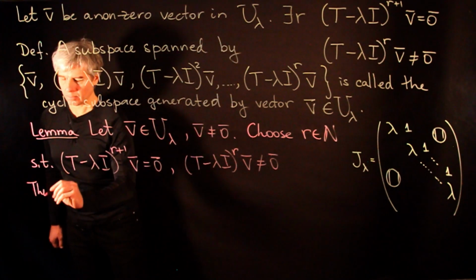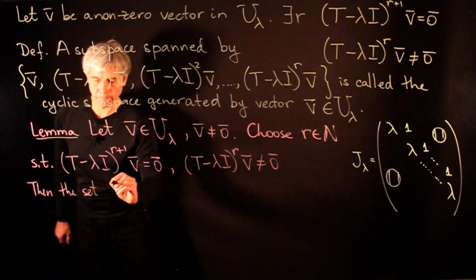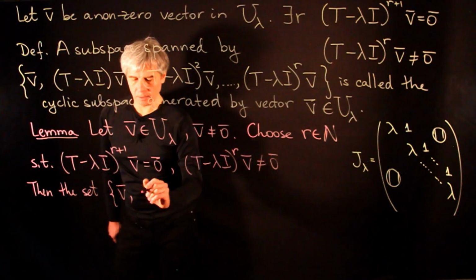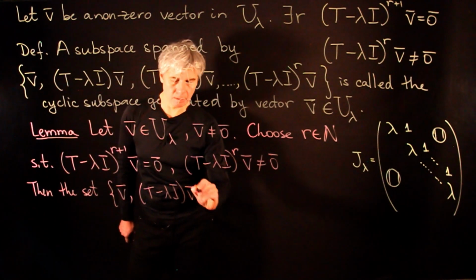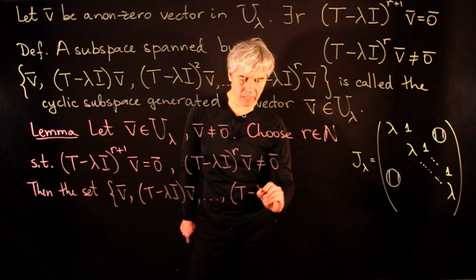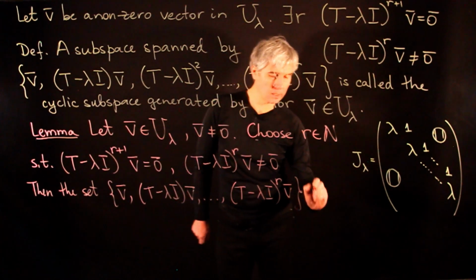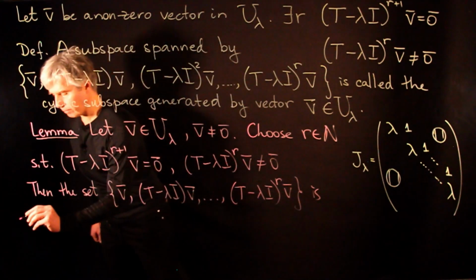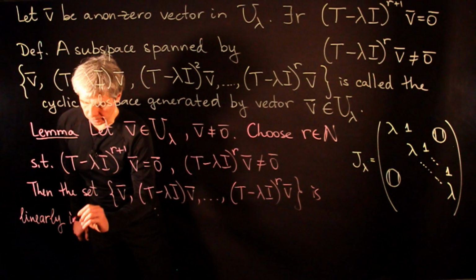Then the set v, (T minus lambda I) acting on v, and so on, up to (T minus lambda I) to the power r acting on v, is linearly independent.